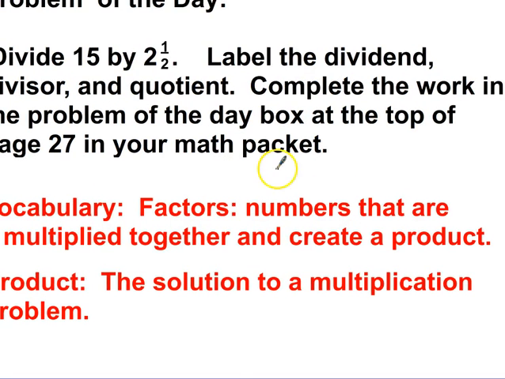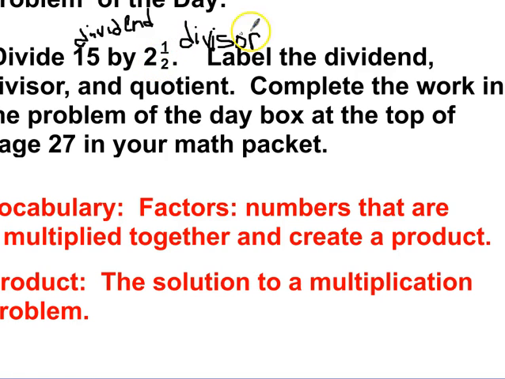Okay? Now, I have 15 as my dividend. And when you label them, that would have been the dividend. And 2 1/2 would be the divisor. And when you divided 15 by 2 1/2, you would have changed 2 1/2 to an improper fraction.